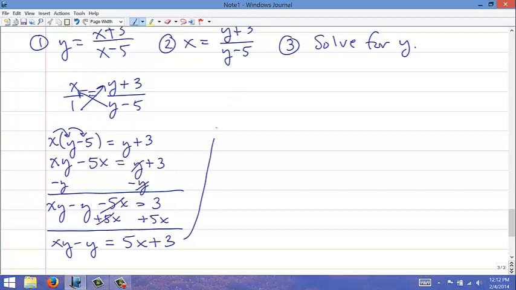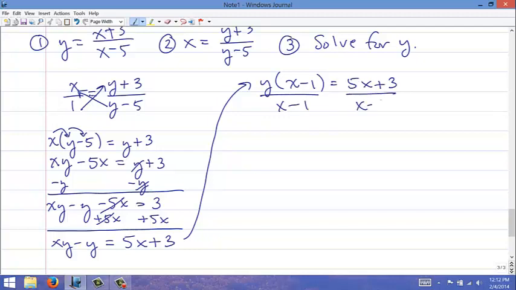Again, factor out the y, so it gives us y times (x minus 1) equals 5x plus 3. Divide by x minus 1. And lo and behold, there's our inverse function, which is going to be (5x plus 3) over (x minus 1).